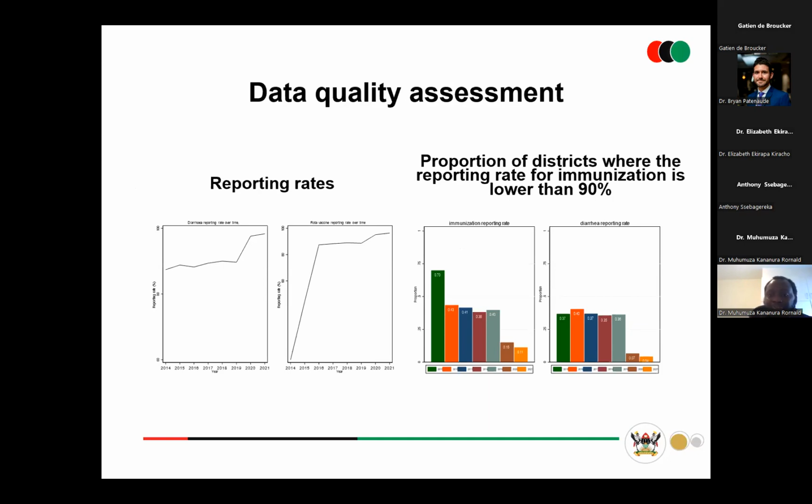And if we have a tolerance of 10%, we see that most of the facilities are actually submitting their reports.